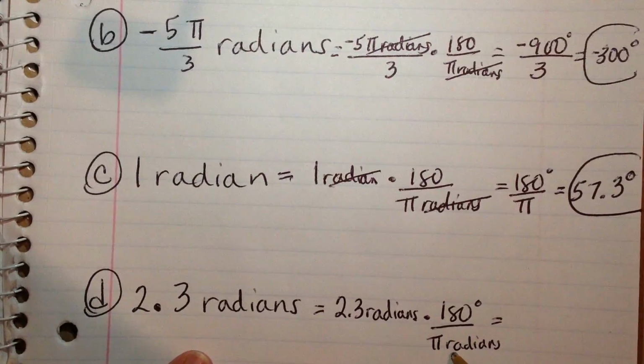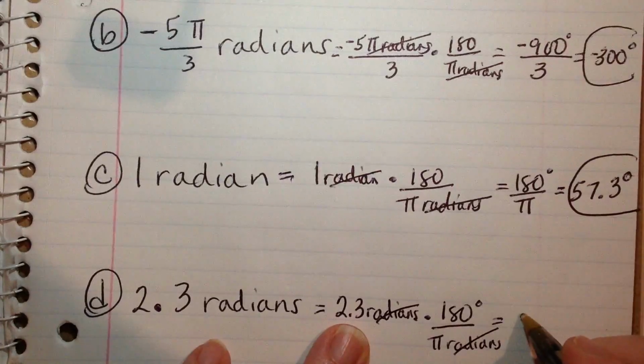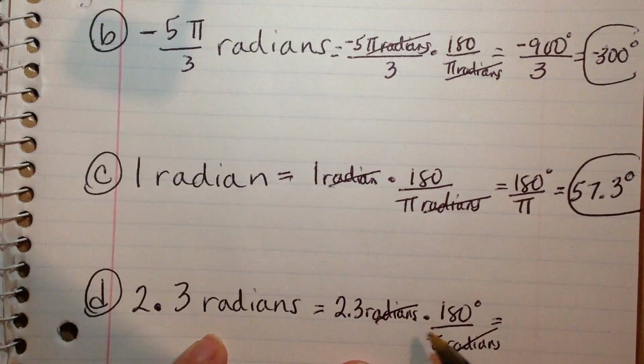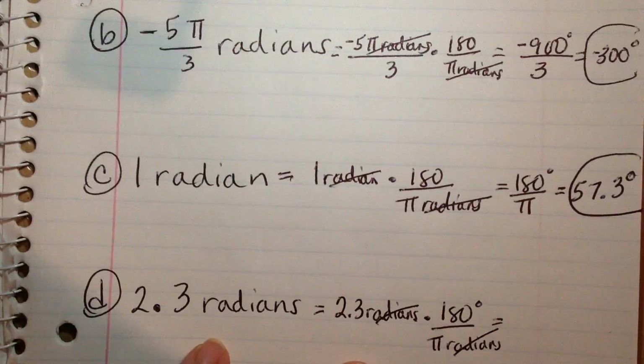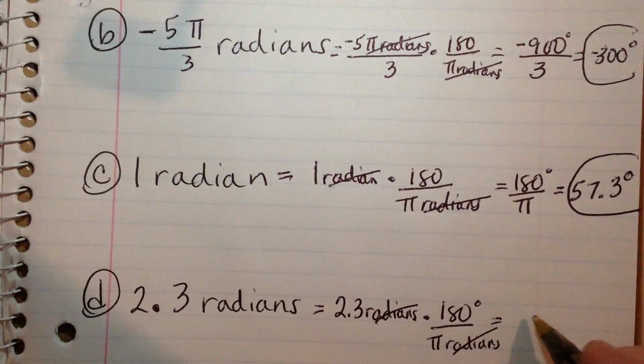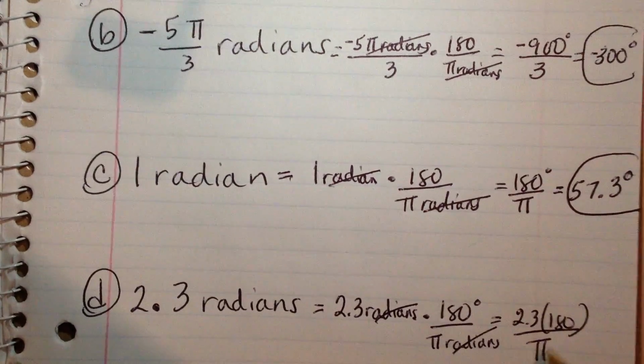So the radians cancel. You end up with 2.3 times 180 divided by pi.